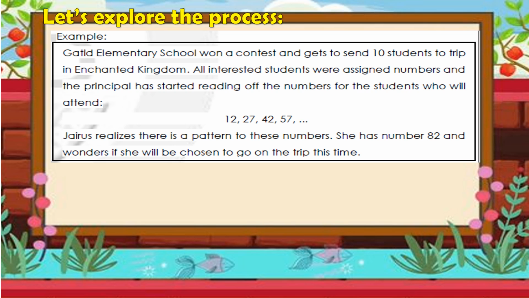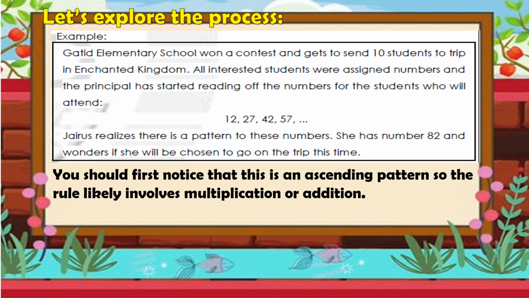Jairus realizes there is a pattern to these numbers. She has number 82 and wonders if she will be chosen to go on this trip. You should notice first that this is an ascending pattern, so the rule likely involves multiplication or addition.